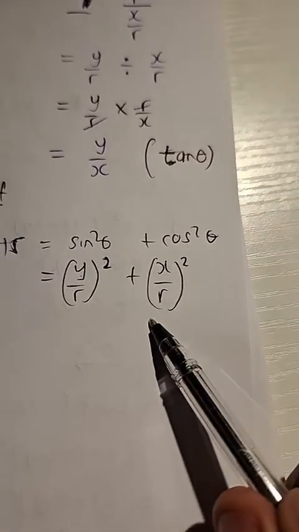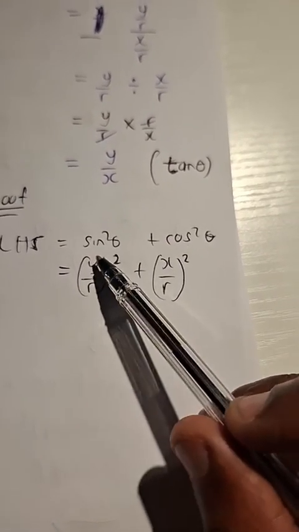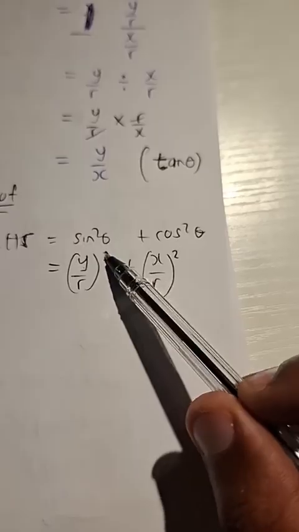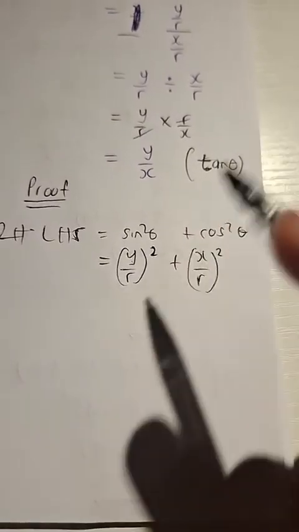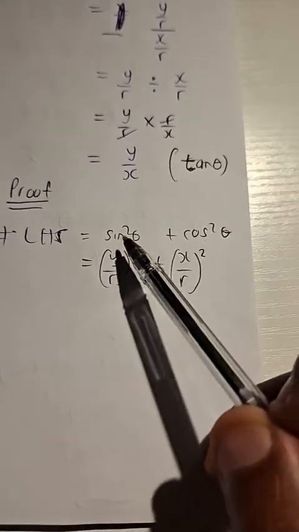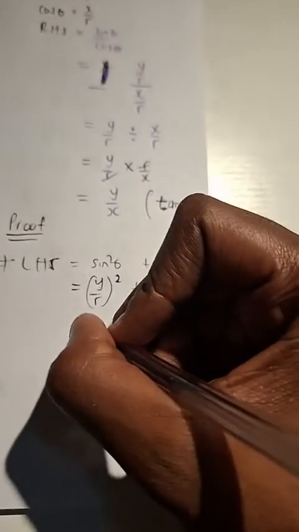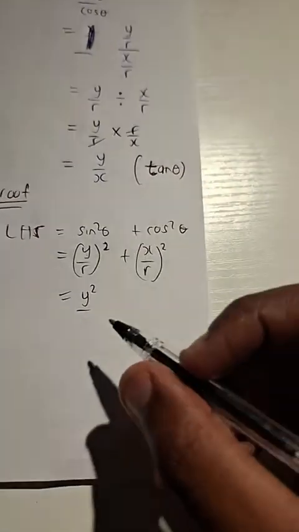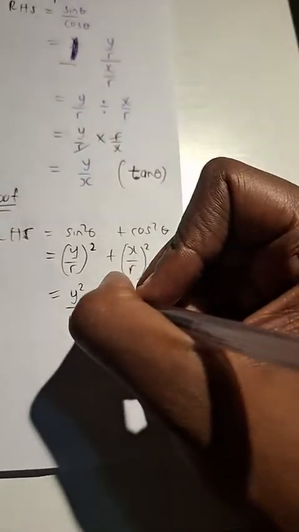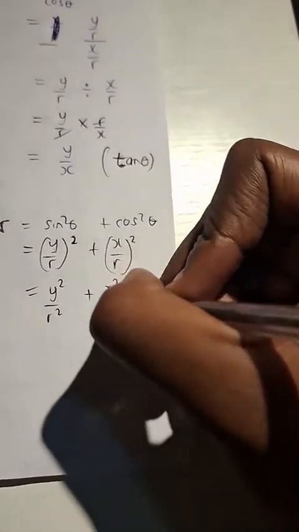Now, after doing that amazing job of squaring it, the laws of exponents say that when we have a division of different bases and there's an exponent raised, we can apply the exponent to the numerator and the denominator, as long as the relationship is one of division between two bases. So let's apply the exponent at the top, y squared. Apply the exponent at the bottom, r squared. Do the same thing with x squared and r squared.